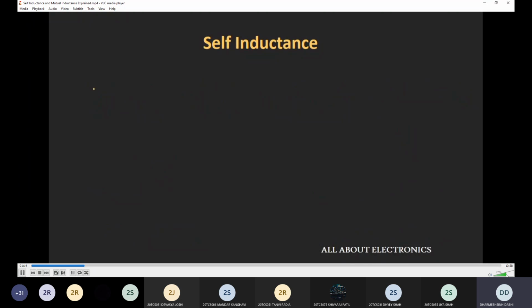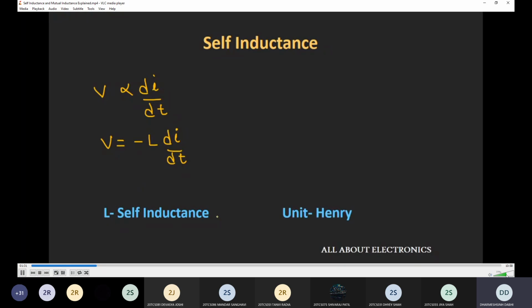As we said earlier, the voltage or EMF generated is proportional to the rate of change of current. So we can write V = -L di/dt, where L is the self-inductance, or simply inductance, and its unit is the Henry.